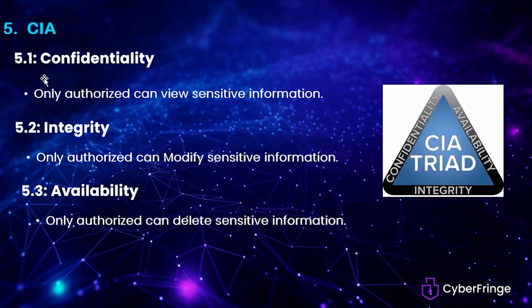Another one is CIA. When it comes to data or cybersecurity, CIA plays a very, very important role. CIA means confidentiality, integrity, availability. What is confidentiality? Only authorized people can view sensitive information. Say, for example, you have a Facebook or Instagram account and you put a post on Instagram.